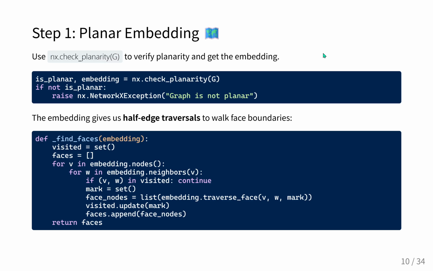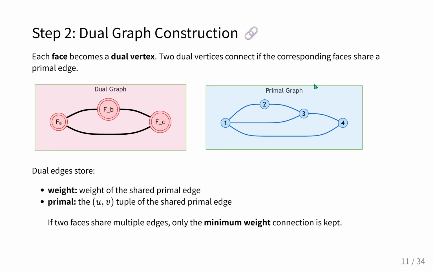The algorithm constructs what is called a dual graph. Yeah, the dual graph is a complete inversion of perspective. You take every face from your original graph, the empty spaces themselves, and you turn them into the new vertices. And the new edges that connect these faces are the physical boundaries they share in the original graph. And if two faces happen to share multiple boundaries, the algorithm is smart enough to only keep the one with the lowest weight.